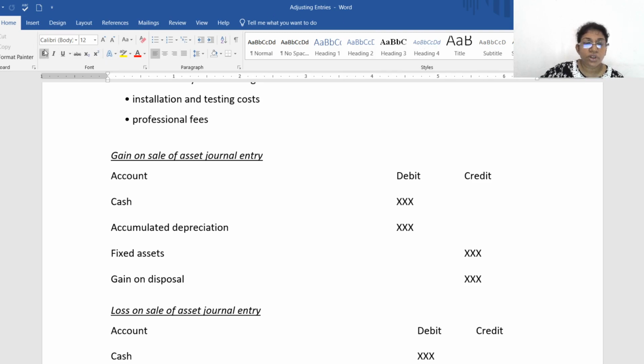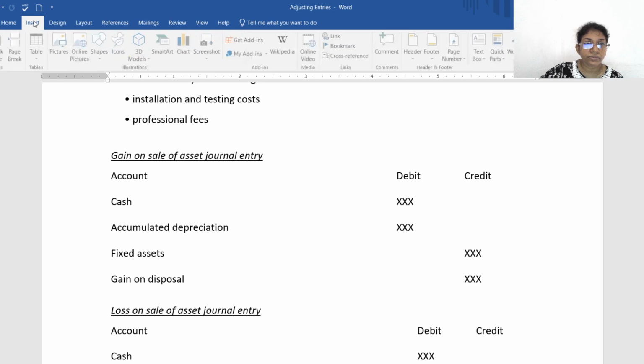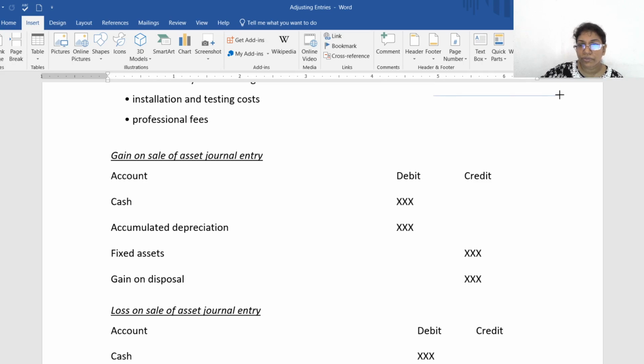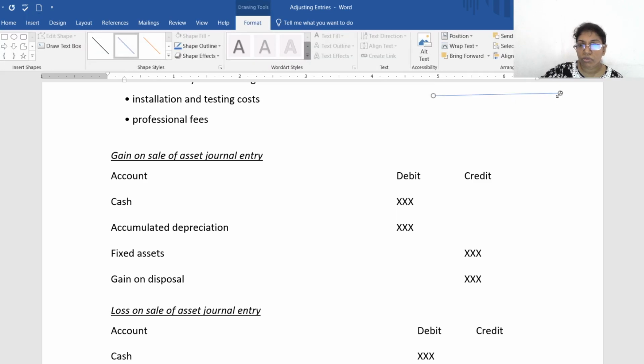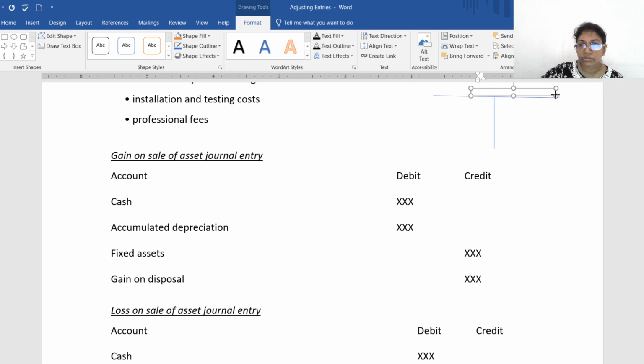So here, I'm going to show you how we create this disposal account. In Sinhala it is known as iwat kirime ginuma.